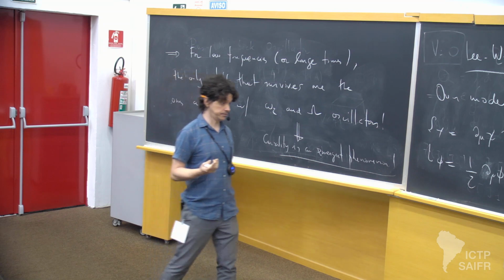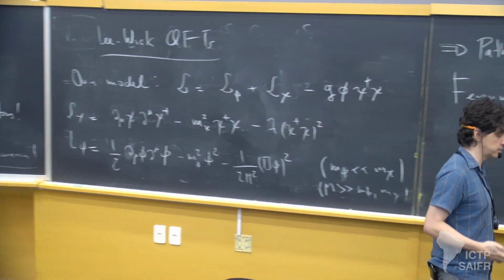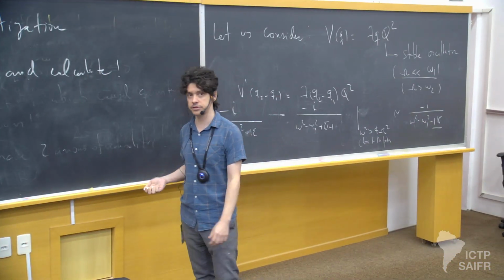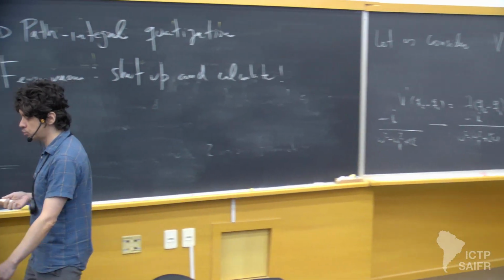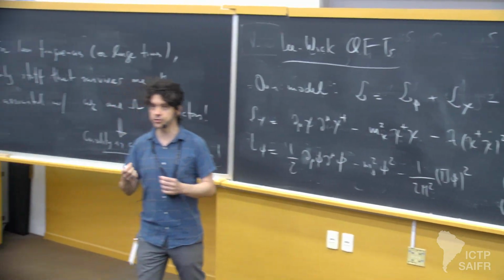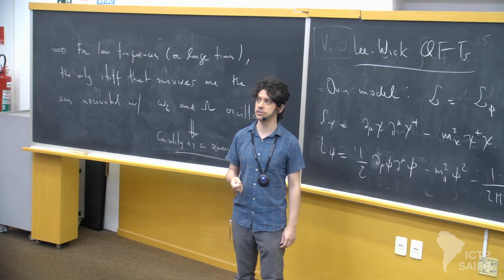Of course, if you want to go further within canonical quantization, then you have to make sense out of it. We can proceed along the lines that we discussed yesterday concerning the indefinite metric in Hilbert spaces. But the path integral is more pragmatic.